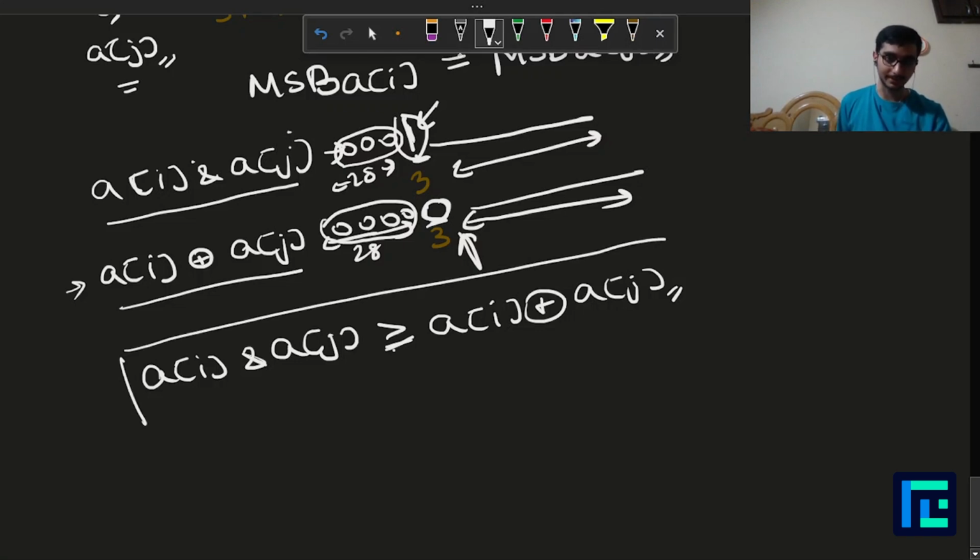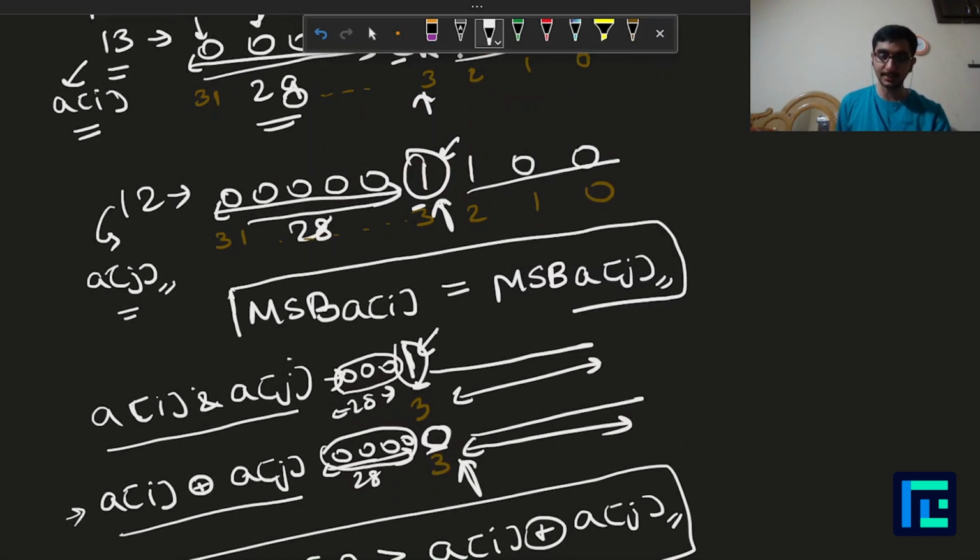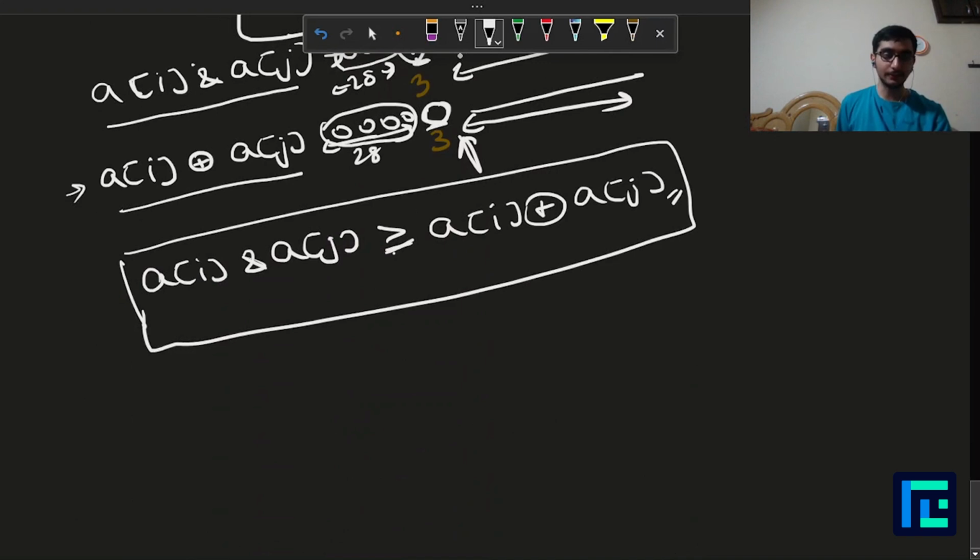So is it true? Yes, it is. So I have devised an algorithm where I can say that if I compare the positions of the MSBs, the maximal set bits of A of i and A of j, and if they are equal, then always A of i bitwise AND A of j would be greater than or equal to A of i bitwise XOR A of j, right?